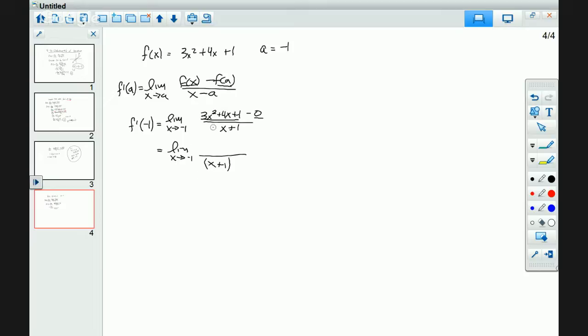Alright, so if I plug negative 1 in, I get 0 over 0, right? So I gotta use some algebra. I can factor it. And there's an x plus 1 in there. Just a prediction. This is gonna have to be 3x squared, plus 1, and then 3x and 4x. Yeah, we're good. Cancel. x goes to negative 1.